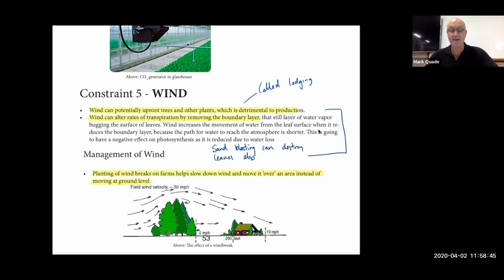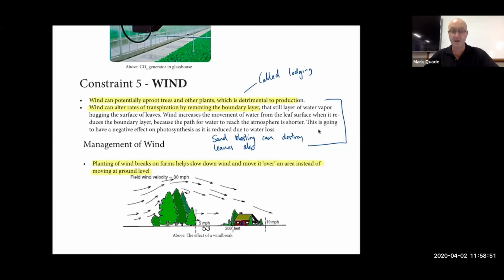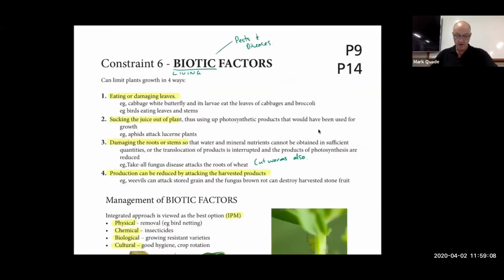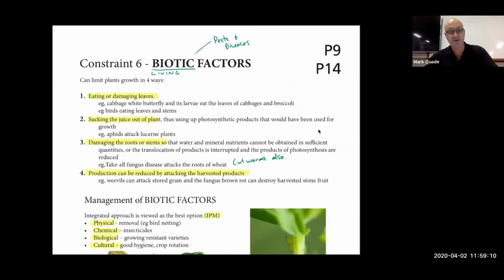So we can manage this by having some windbreaks, okay? So you'll see in our diagram there, we've got different sizes of trees so that there's a full canopy that's breaking up the wind, forcing it up and over, okay? And we need to have them spaced throughout the farm.